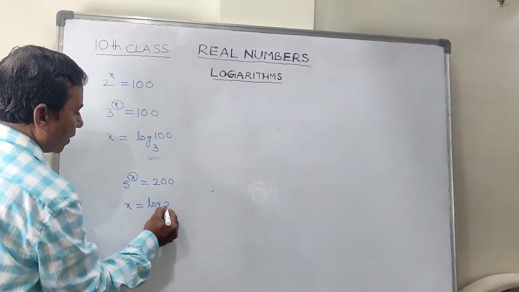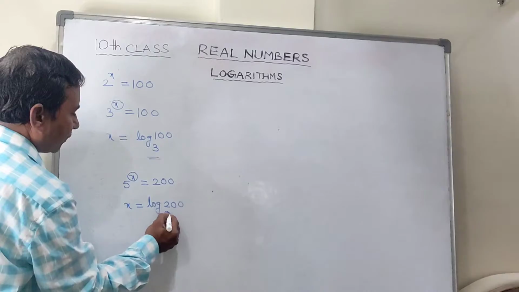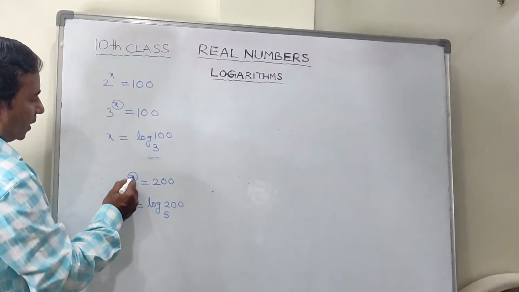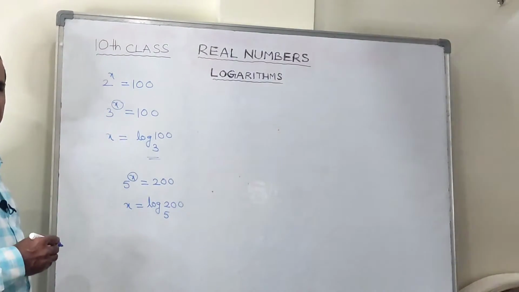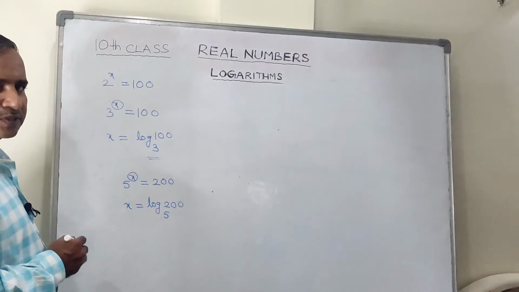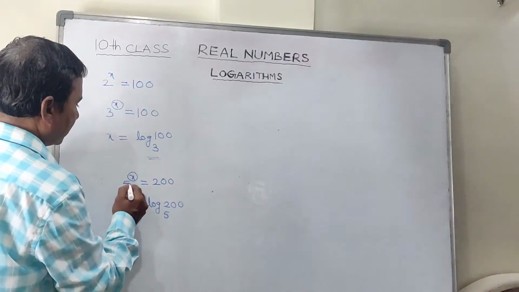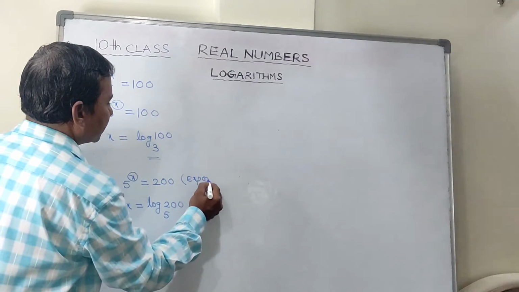Log of the right side value 200 to the base 5. Always remember, the exponent base and the logarithm base will always be equal. They will always be the same. That is the thing we have to remember. If you see this, we call it the exponential form.